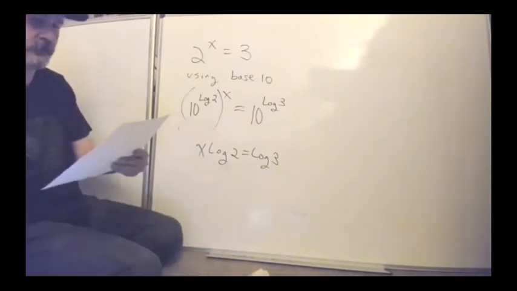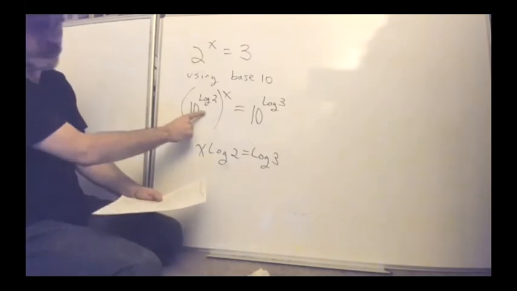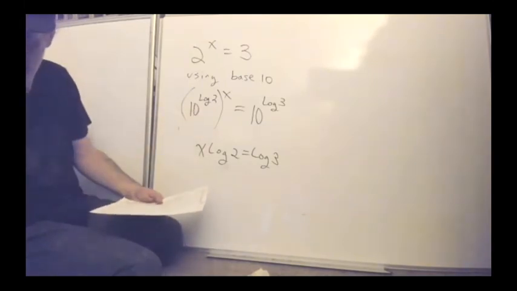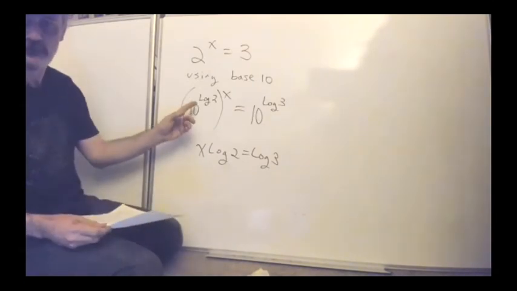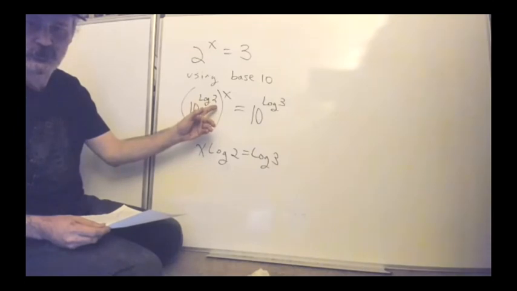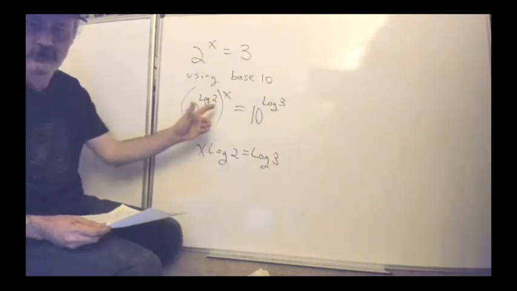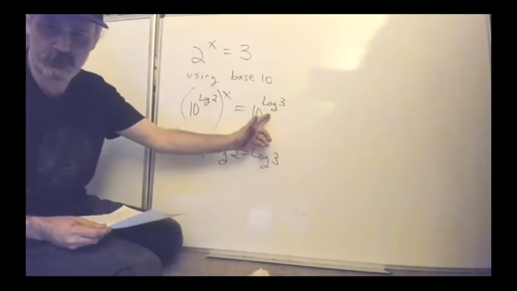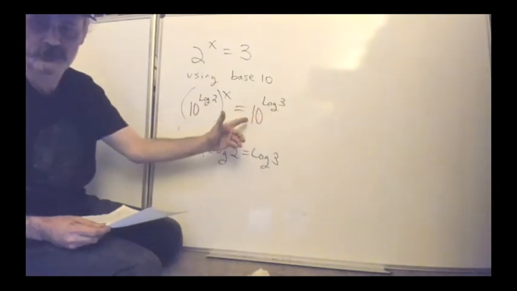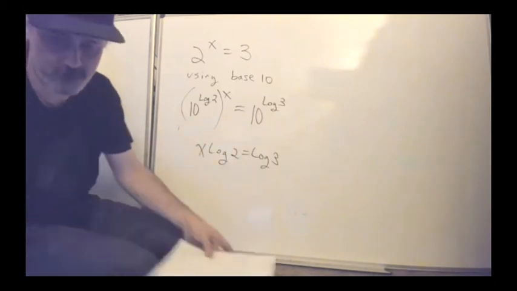Okay, so doing what we just did right here basically means this will produce a 2 when you apply the log 2 exponent to 10. This will produce a 3 when you apply the log 3 exponent to 10.